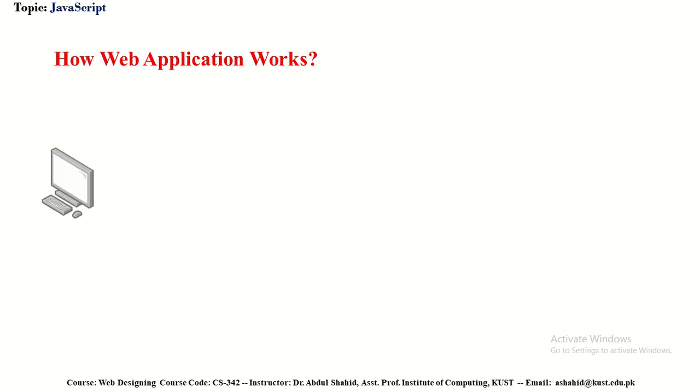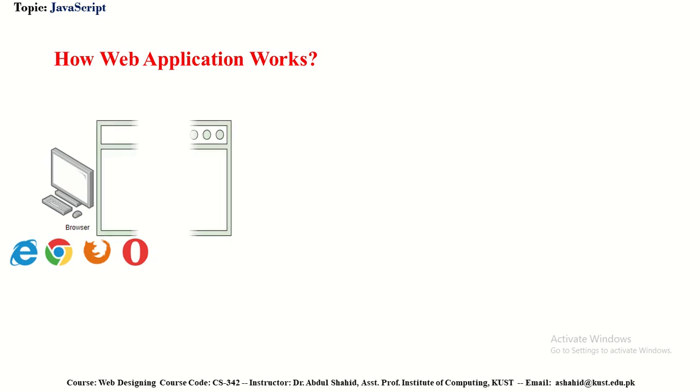Whenever you want to access any website, you need to open a web browser on your machine. You have different options in order to access any website. For example, you can open Internet Explorer, Google Chrome, or Firefox. First of all, you will have to type the website address you want to access.